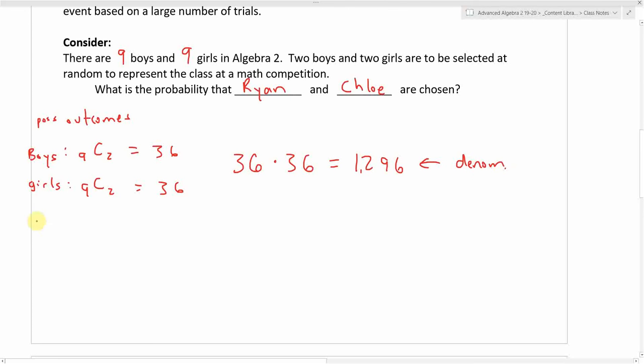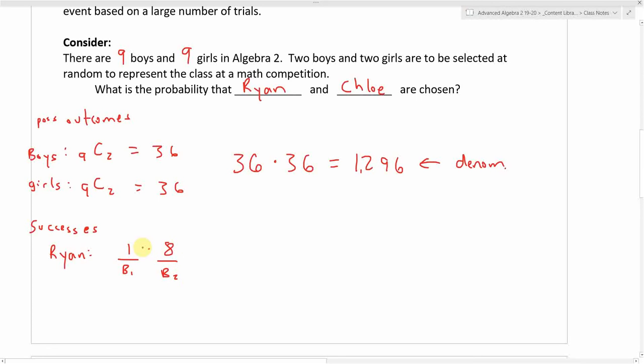If we think about successes now, well, we want to think about a success is a team that has Ryan and a team that has Chloe. So if we want a team with Ryan, that means the first boy, I'll say boy 1, is going to be Ryan. There's only one choice. We need Ryan to be on the team. And the second boy is going to be, well, there's 8 guys left after we pick Ryan.